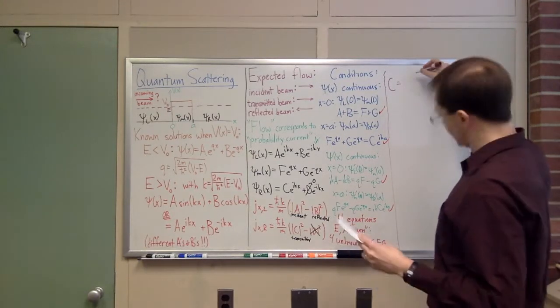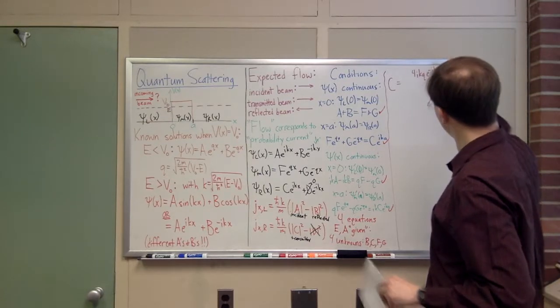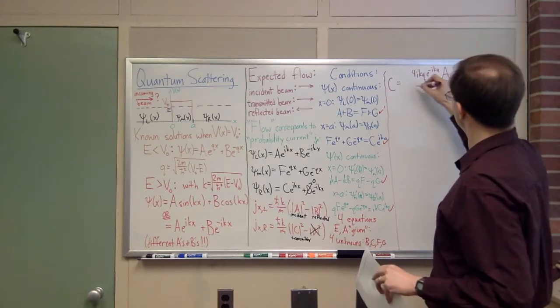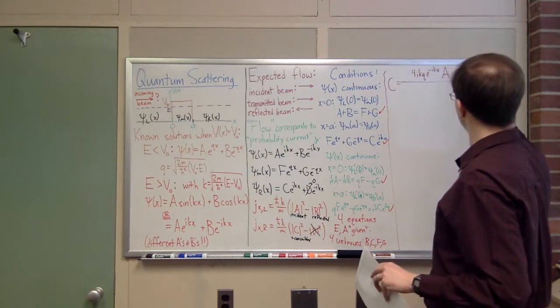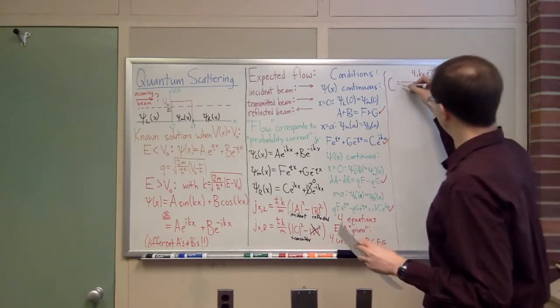an ugly fraction. It is 4iKQ e to the minus iKa, little a is the width, remember, times our coefficient A, all divided by, and again, I told you this is ugly.